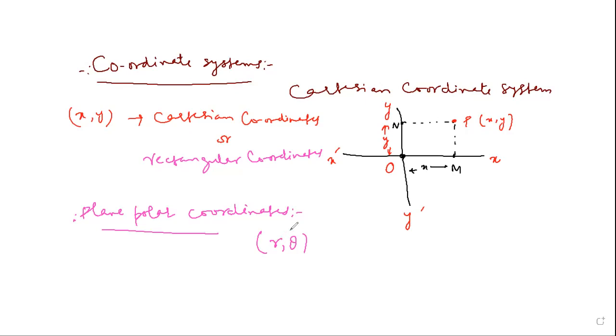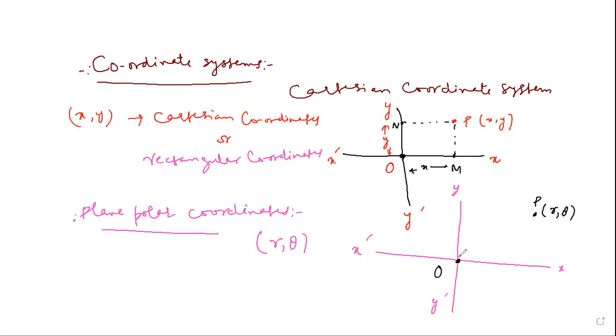Let me show it in a different diagram. This was my y direction, y prime, x prime. Here, this point is my origin. Any point P in plane polar coordinates is designated (r, theta).